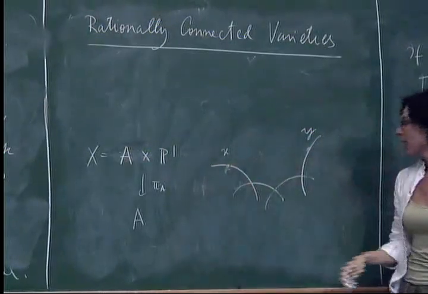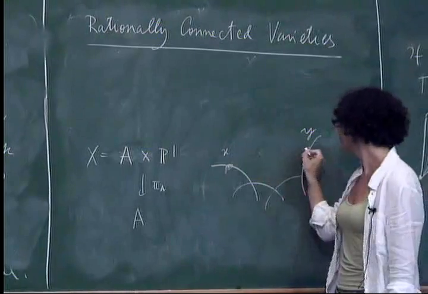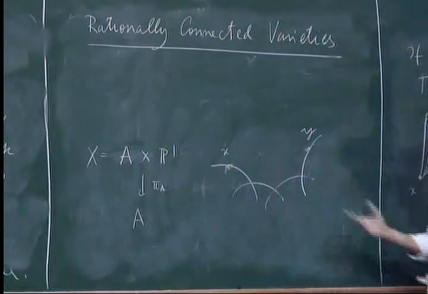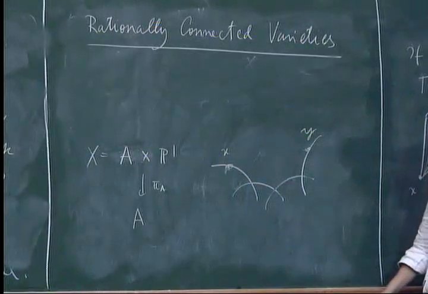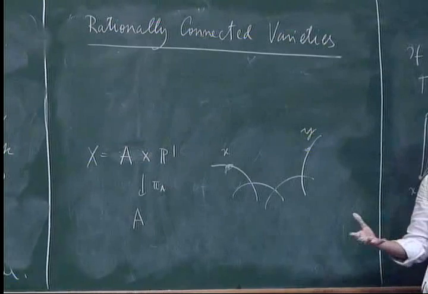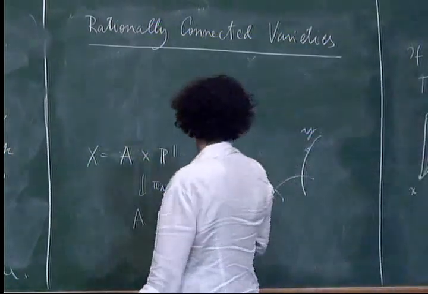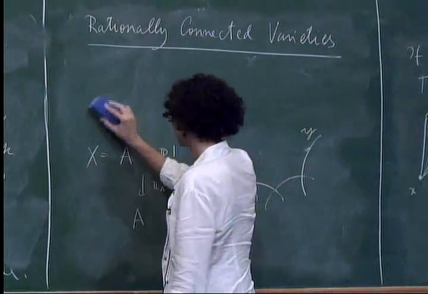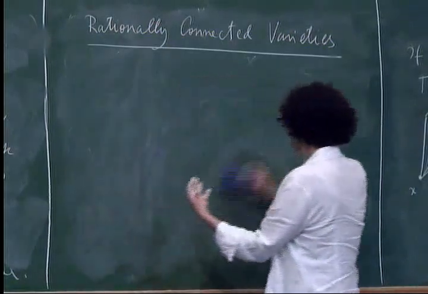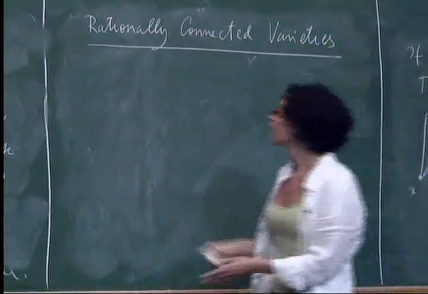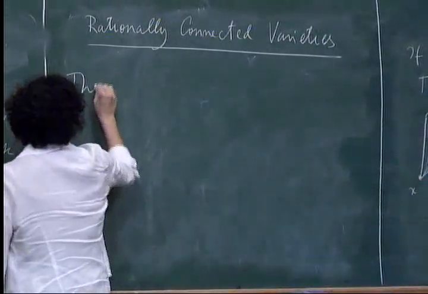If you're able to understand the rational curves, just connecting them by a chain will be enough to say something about these points. And so in principle, there are many possible definitions of rational connectedness, and an amazing fact that shows that this is an interesting class is that all these conditions that you can think of, in fact, are equivalent. So let me state a theorem.